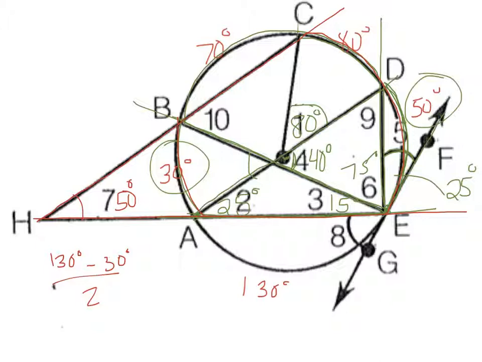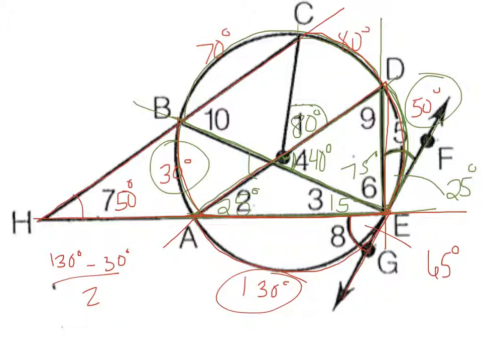All right, we have 3 more left. Angle 8. Angle 8 happens to be made with a tangent and a chord. We know that the intercepted arc of the chord is 130, and so we know angle 8 has to be half of that, or 65. Angle 9 happens to be an inscribed angle, and it also intercepts the same arc that angle 8 does.